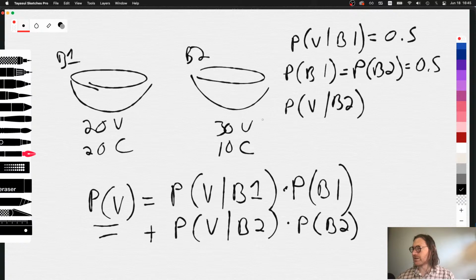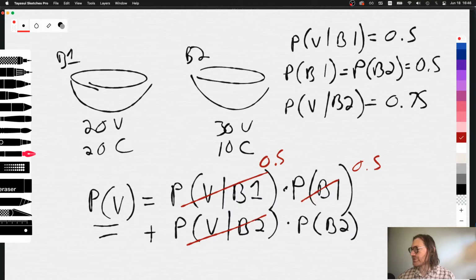Well, that is 30 out of 40, so 0.75, right? And with that information, we can just fill these in. Vanilla given bowl 1 is 0.5, bowl 1 is 0.5. Vanilla given bowl 2 is 0.75, and bowl 2 is 0.5.